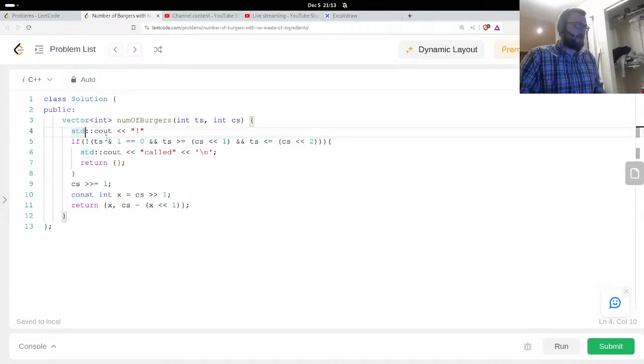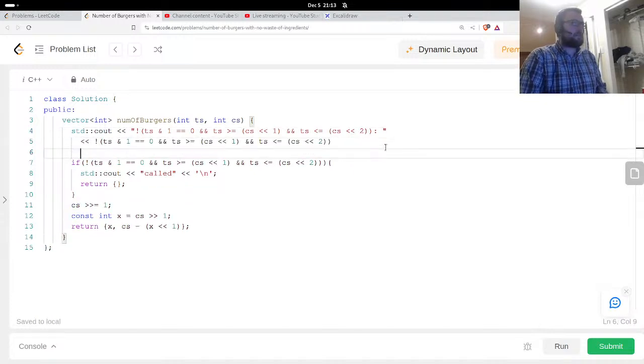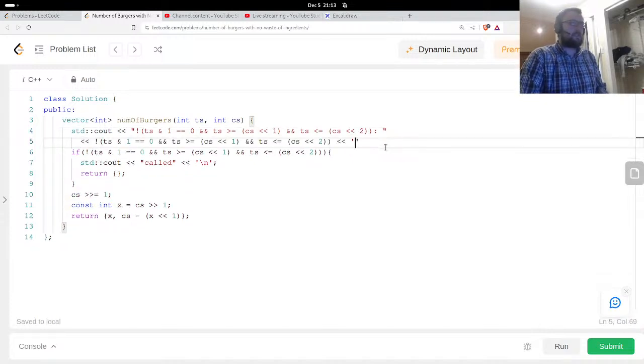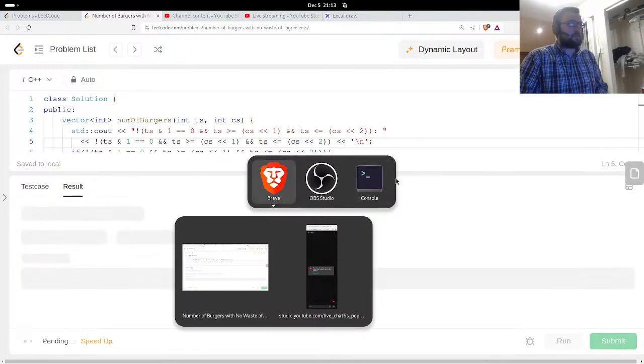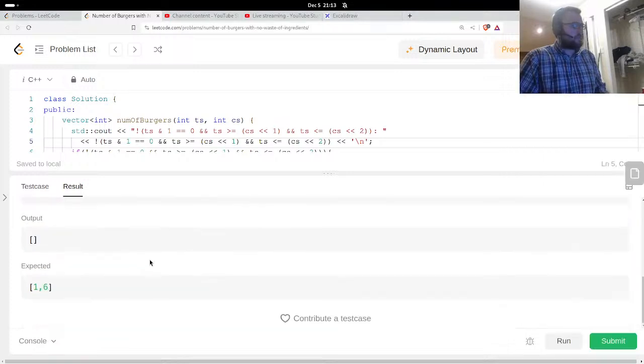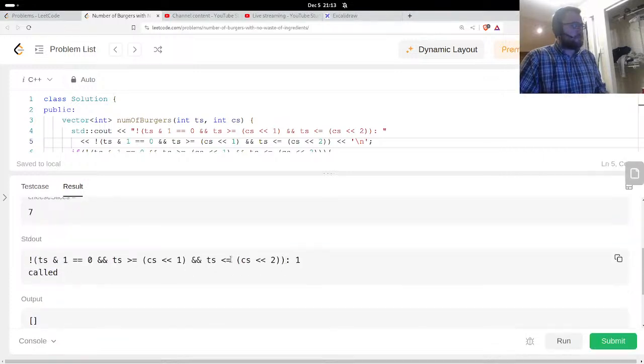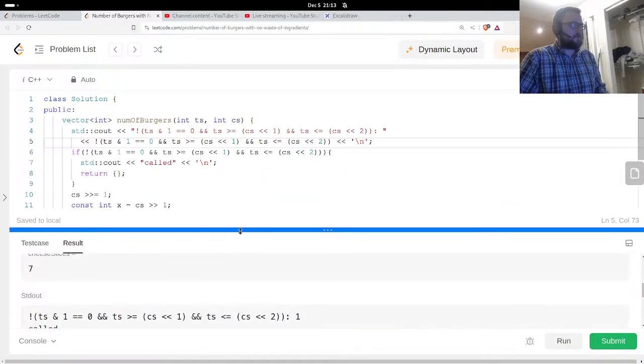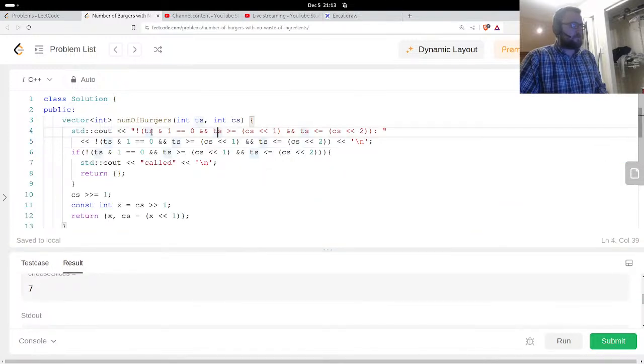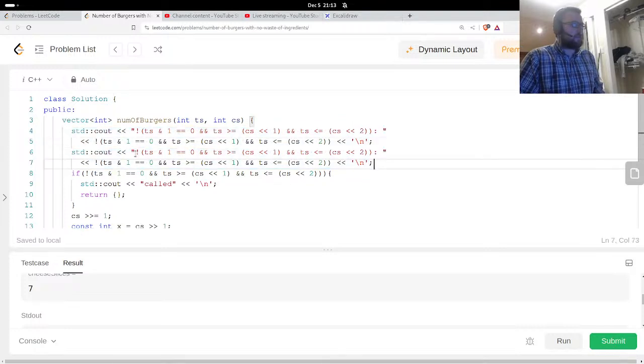Which part of this is wrong? Sometimes things happen, I don't really understand it. I really have to sit there and think about it or just print things out. This is true. Okay, why is it true? So if something here fails, I don't know which one of these fails.